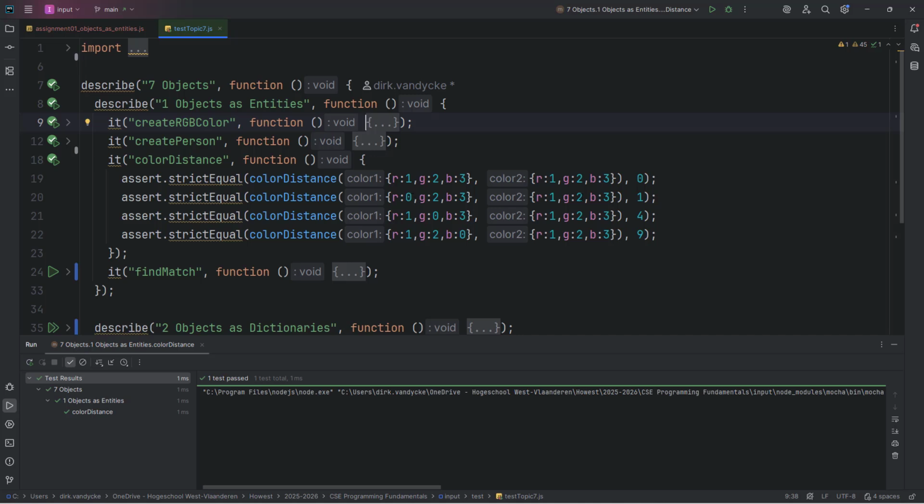And now we have only on the R channel in this test a difference of 1. 1 squared will be 1. Now we have in the third case a difference of 2 for the G, the green channel. Difference is 2, squared would be 4. And if we have a difference in the third channel of 3, squared would be 9.